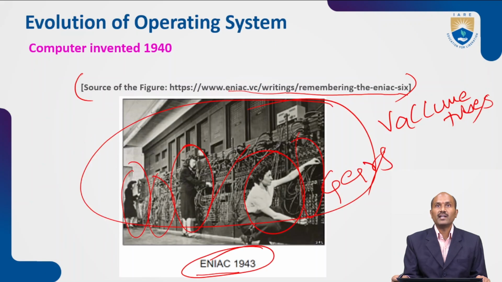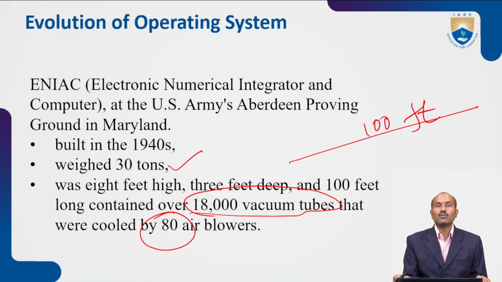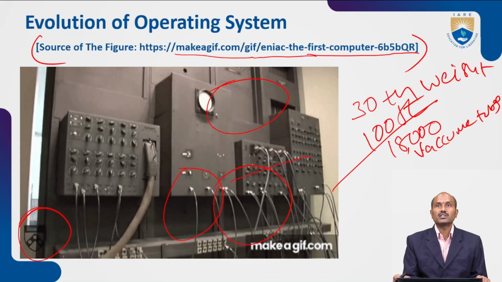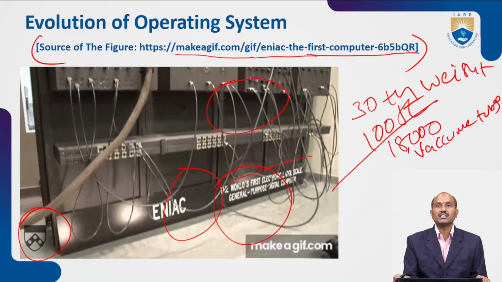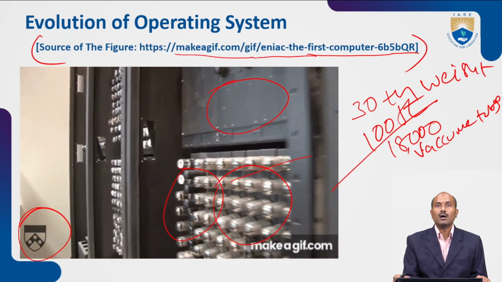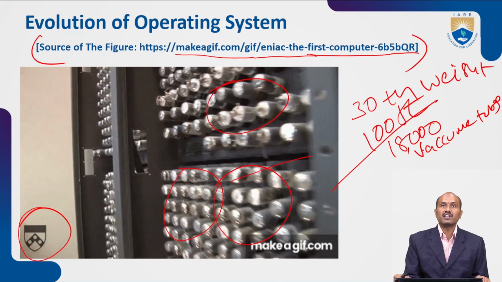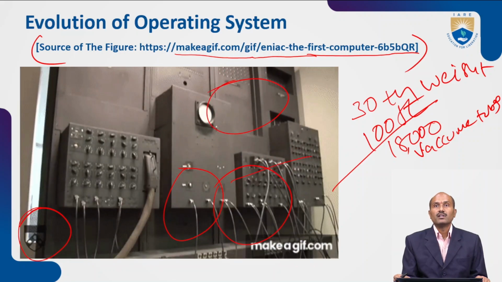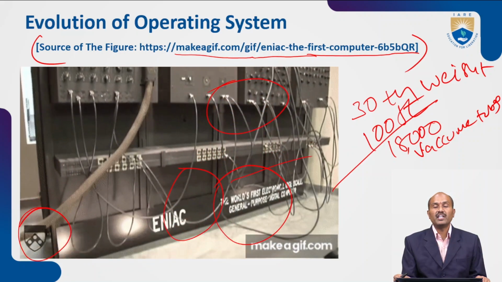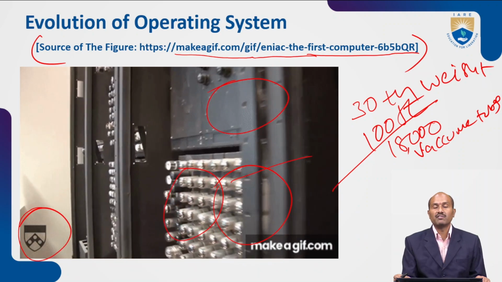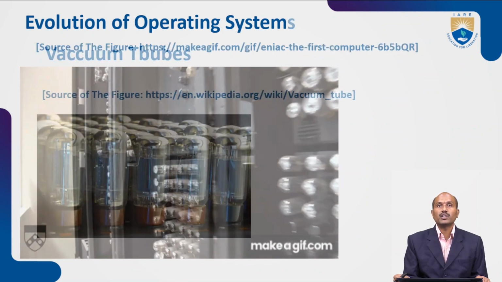The ENIAC computer was invented in the 1940s. From the 1940s onwards, the ENIAC computer worked with the batch processing operating system. A very large and long operating system was working with the ENIAC computer. Working with the ENIAC computer was very difficult. Two or three persons were working with this ENIAC computer.